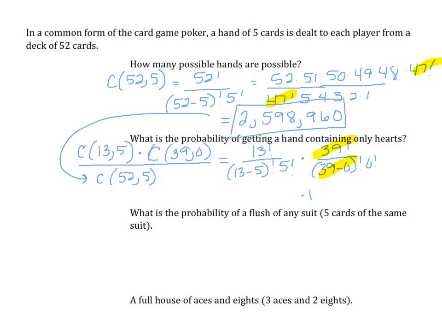And then I'll multiply this by, let's see here, 13 minus 5 is 8 factorial. So 8 factorial, 5 times 4 times 3 times 2 times 1. So 13, 12, 11, 10, 9, 8.